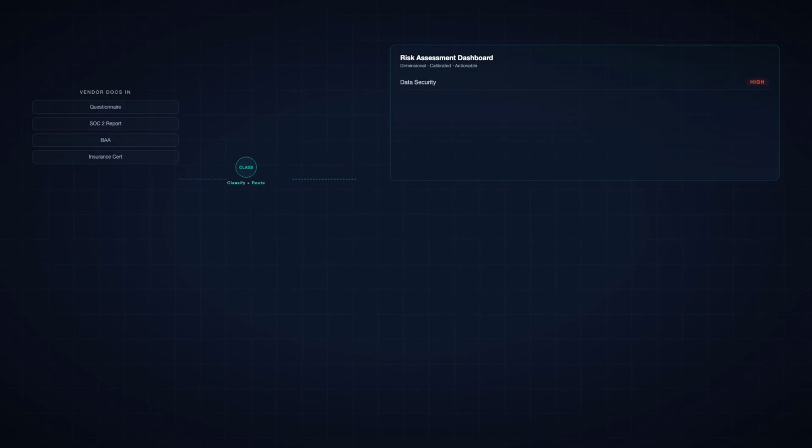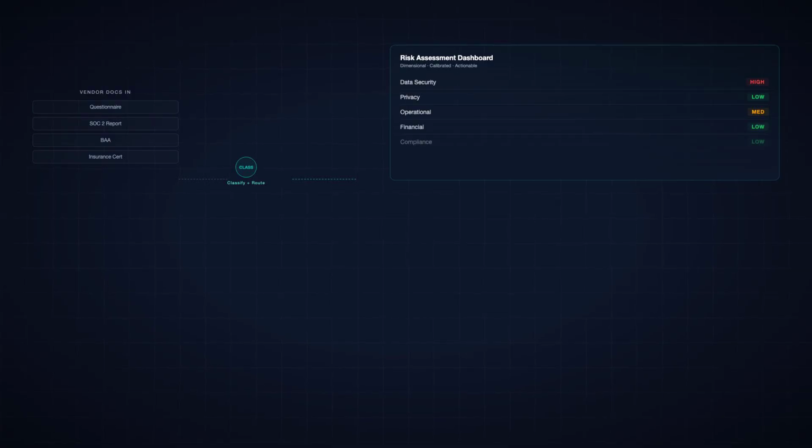The output: a risk assessment dashboard where every rating is domain-specific, calibrated to the vendor category, and actionable. Not a generic risk score. A dimensional risk profile with specific findings, specific evidence, and specific remediation paths. Vendor documentation flows in.